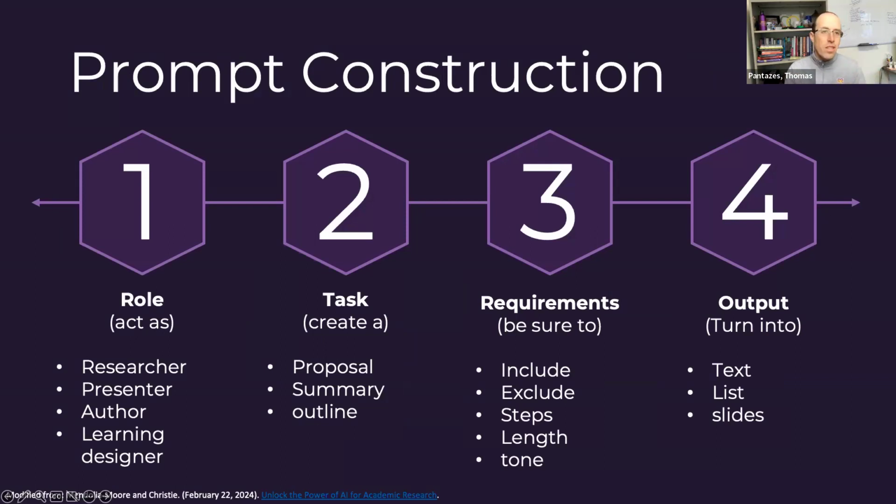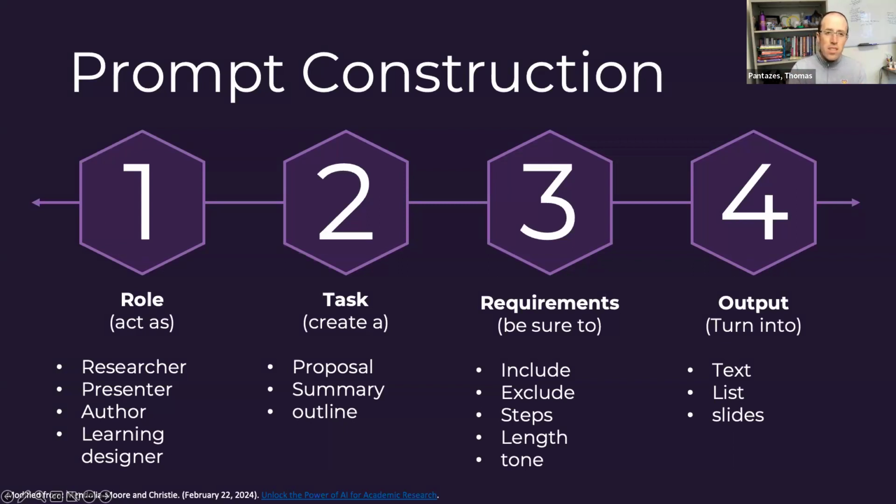So the first thing you want to do is give the AI some sense of what role it's supposed to take. So I'm a college professor, I'm a marketing writer, I'm a researcher. Then the second step in the prompt is to tell it, what do you need? Create a proposal, create a summary, make it like this other thing. The third step there is where you add in your requirements, so your specifications.